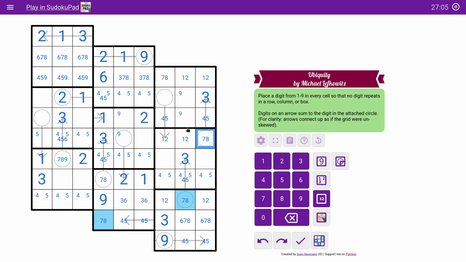4, 5, meaning this is not a 9. What about up here? Not yet. What about here? Not yet. 9, and then this is 6, 7, 8. 1 plus, this cannot be 8.